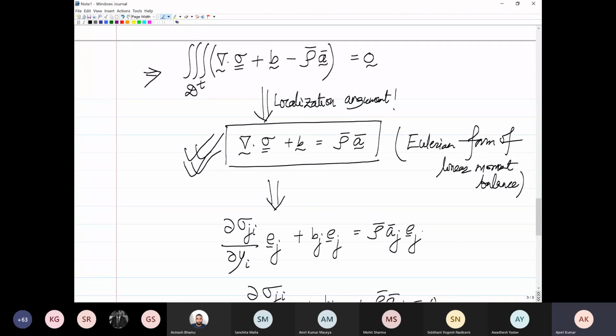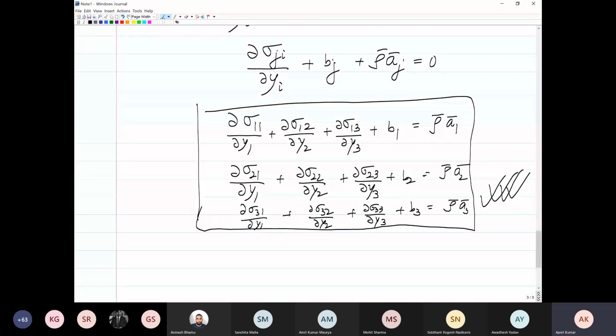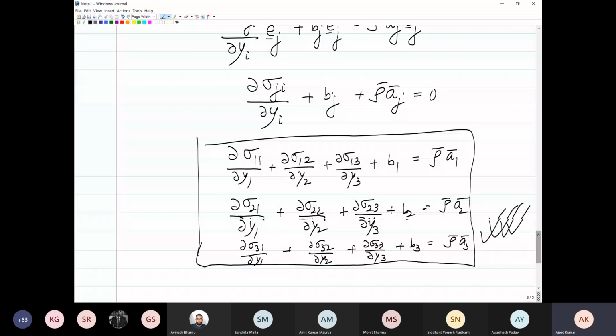Okay, had you seen this component form of equation earlier? You must have seen this in undergraduate class. And if you recall, if you have kept your notes, you will see that when you derived it, you had made so many approximations. Whereas right now, our derivation is exact.